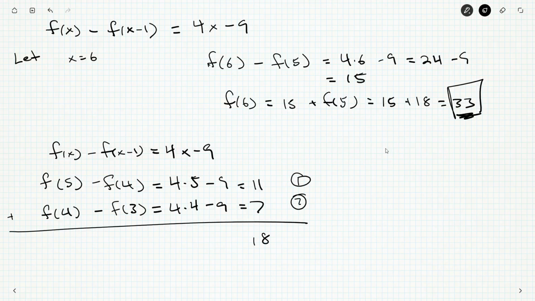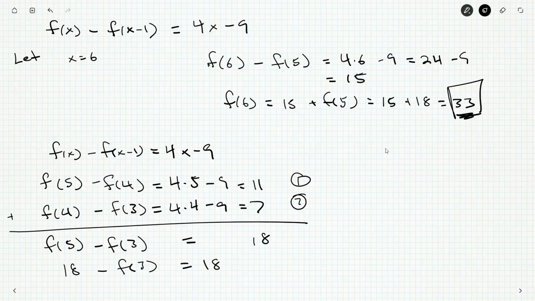F of 5 plus f of 4 minus f of 4, these guys are going to cancel each other out. And over here, we're just going to get f of 5 minus f of 3. But I know this one, it's 18. So 18 minus f of 3 is 18. We quickly rearrange. F of 3 has got to be equal to 0.